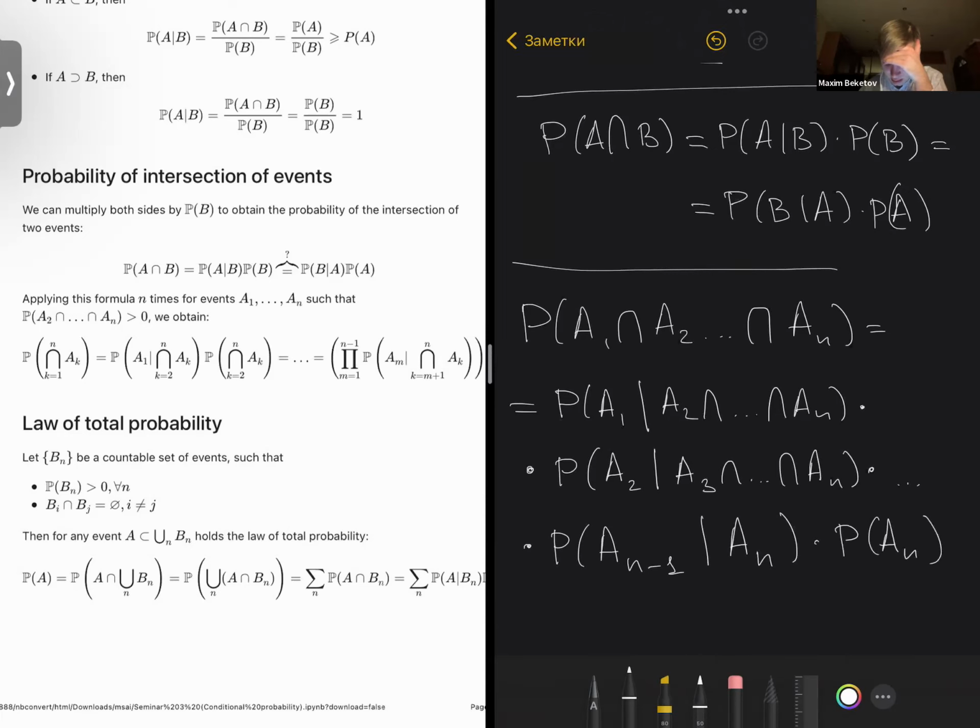This is the last part of the formula, right? So you start, and like a ladder, you first have the first one conditioned by the intersection of all others, then the second conditioned by what's left, and so on. You can just get it from the formula. Is that clear?